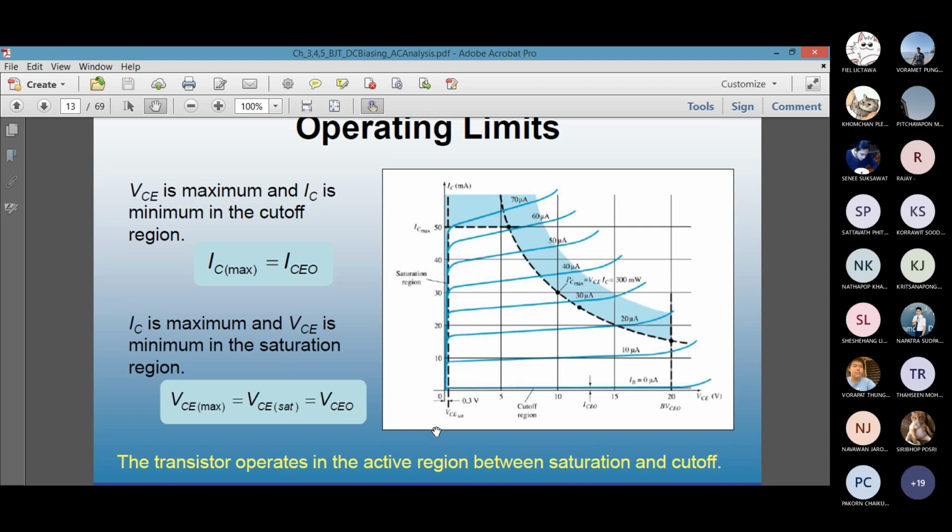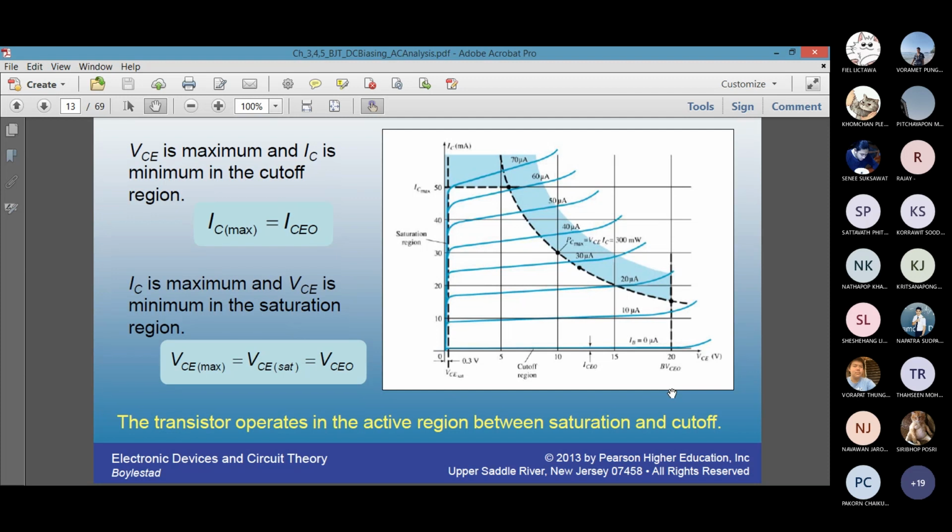So here is the operating region example. The white region is active region. The left vertical blue region is saturation, and the bottom region is cutoff. The BJT also has, just like any other device, a maximum power rating.